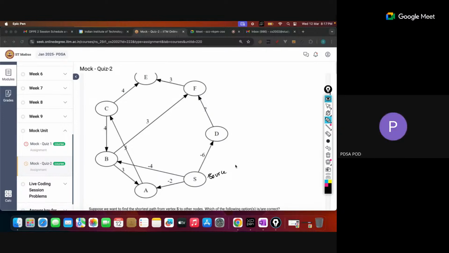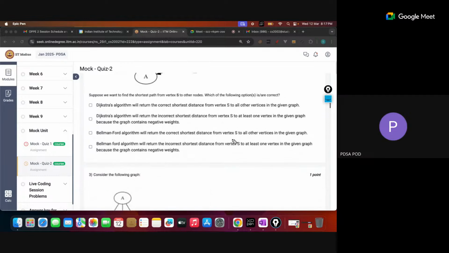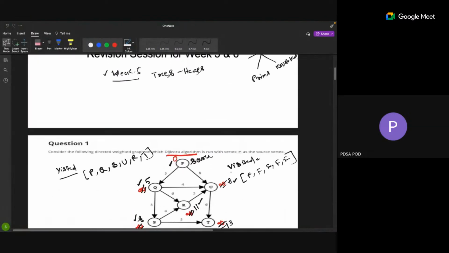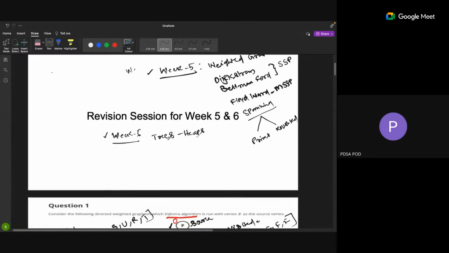Now this question contains Dijkstra's algorithm and Bellman-Ford, and they are asking how it really works. Before directly going to this question, let me help you understand.